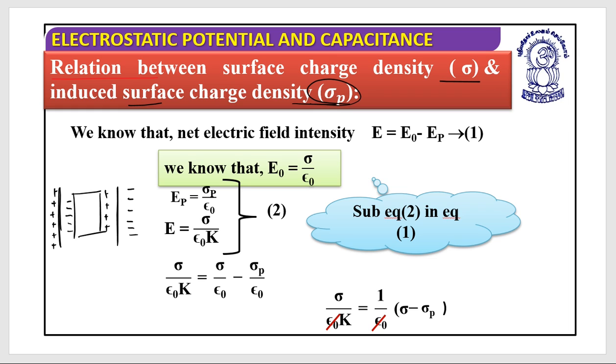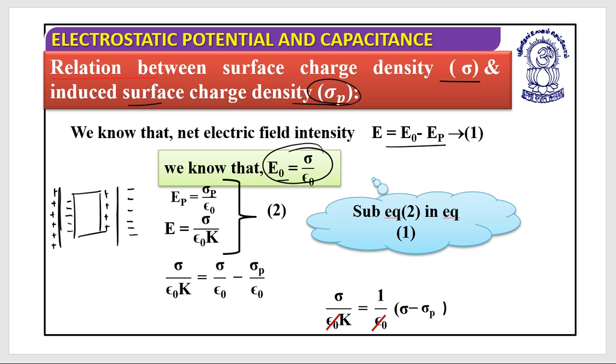We know that electric field intensity E is equal to E naught minus E P. We also know that E naught is equal to sigma by epsilon naught. Now let's put the values into the relations.